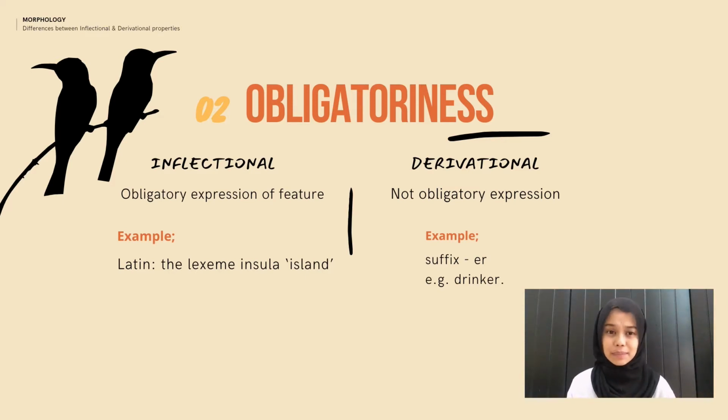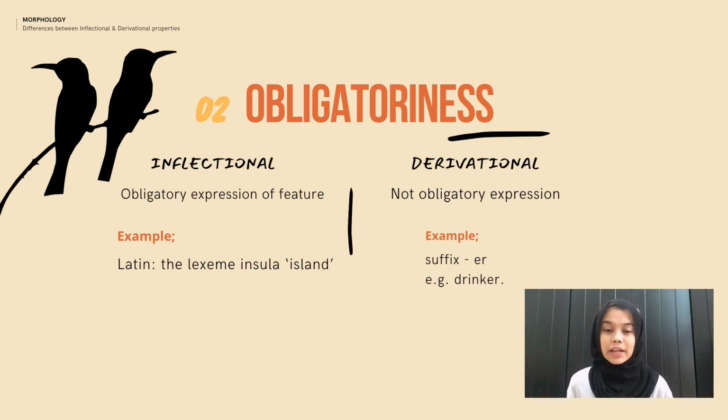The lexeme insula, which means island, has 10 word forms in its paradigm, and each word form expresses and must express one value from each of the features, number and case, which leaves the Latin speaker no choice about whether to use a noun with or without the case and number features. Omitting these features was impossible. Number and case are thus inflectional features in Latin according to this criterion, obligatoriness.